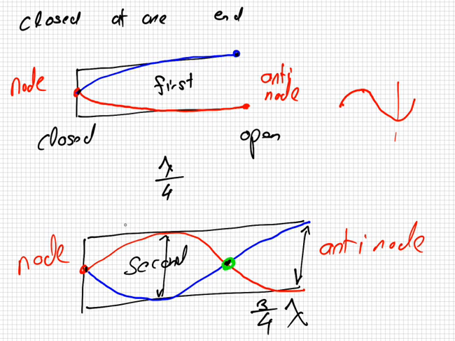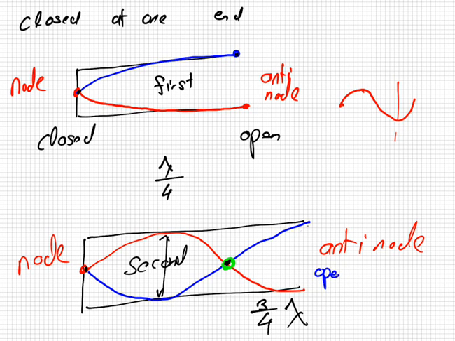This is an open pipe where the air can go in and out at the back. And what I was trying to say here is when a sound wave is formed in a pipe, there'll always be a node at the closed end and an anti-node at the open end.